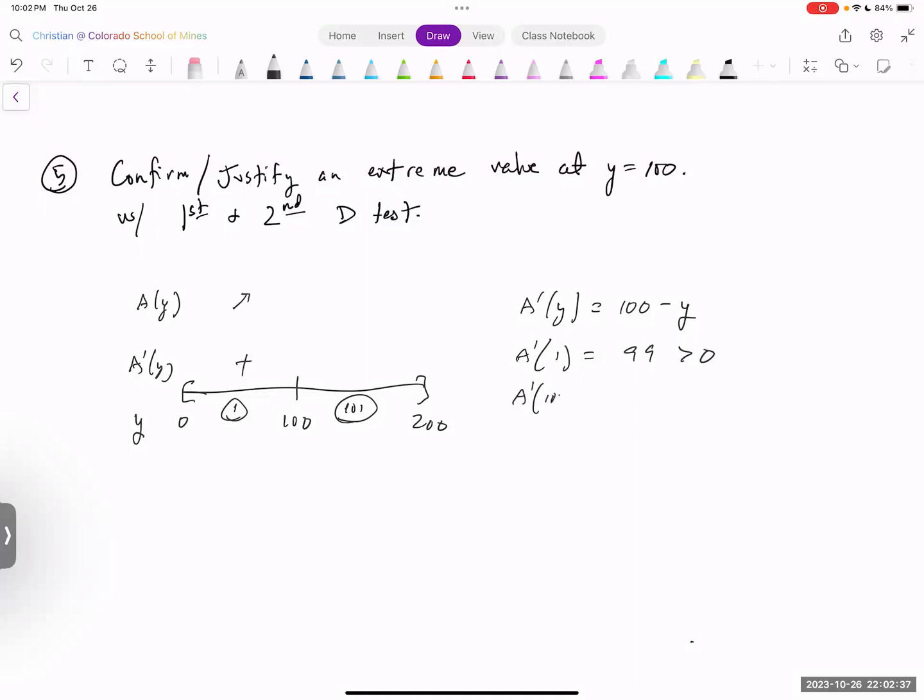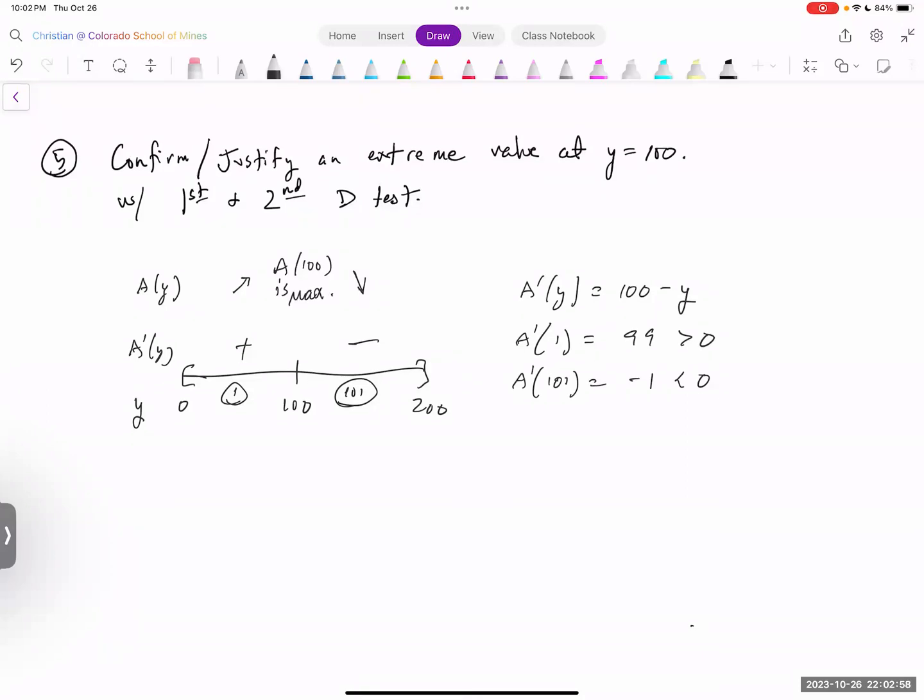A prime of 101 is negative 1, that's less than 0. Derivative's negative, graph decreases. That tells us that A of 100 is our max value. In other words, the rectangle of max area happens when y is equal to 100. That's the first derivative test.